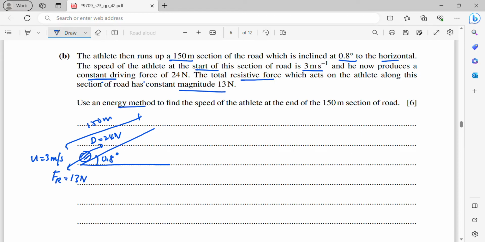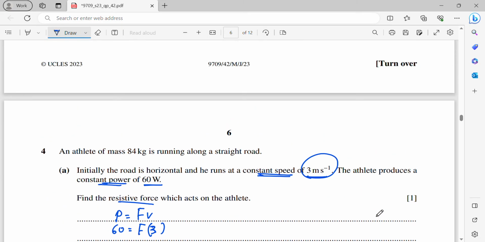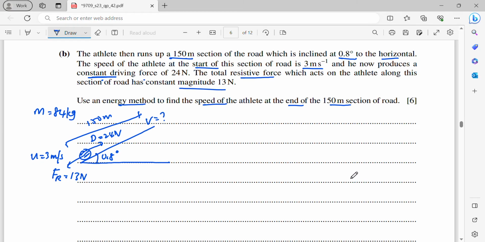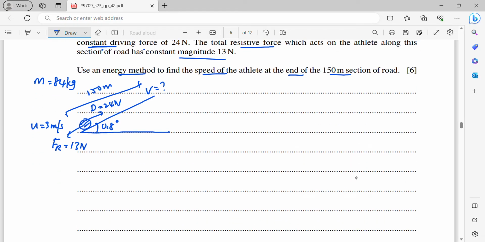Use an energy method to find the speed of the athlete at the end of the 150 meter section of route. What is this V? Just now we know that the mass of the athlete is 84 kilograms, so I will write M equals 84 kilograms. Now to use the energy method, I will say work done.